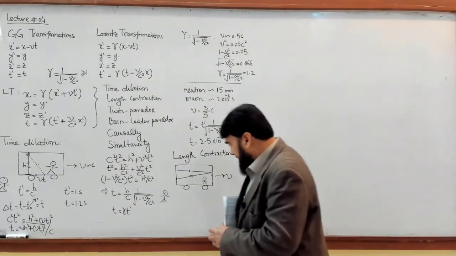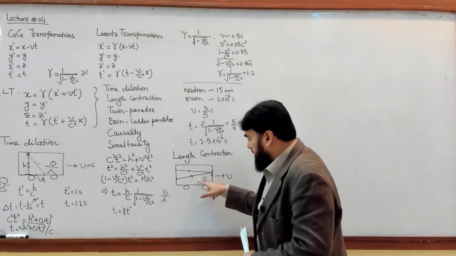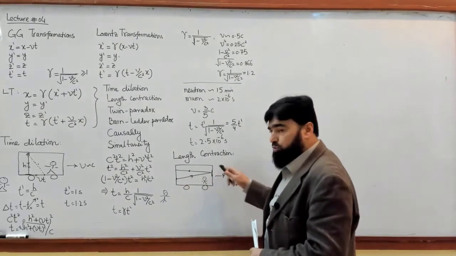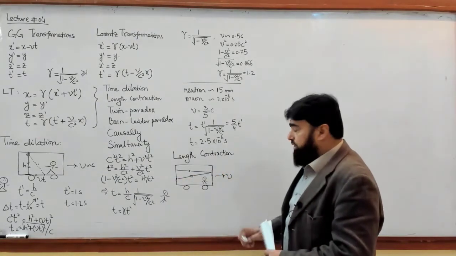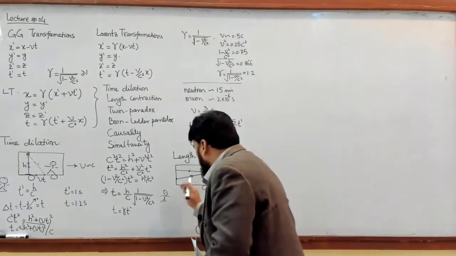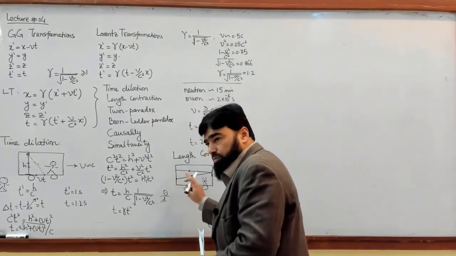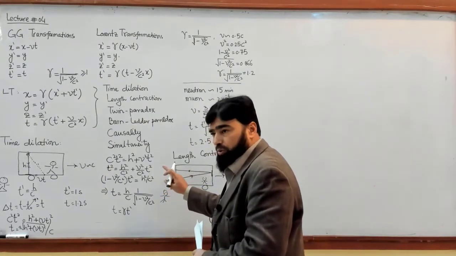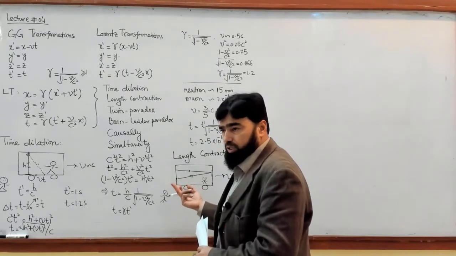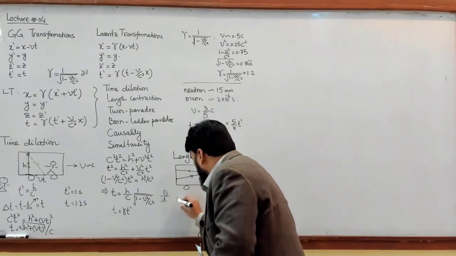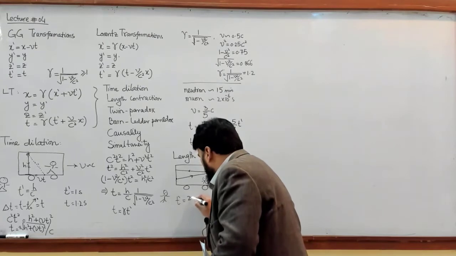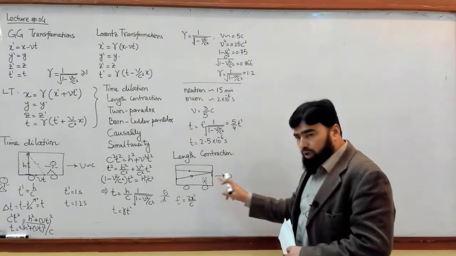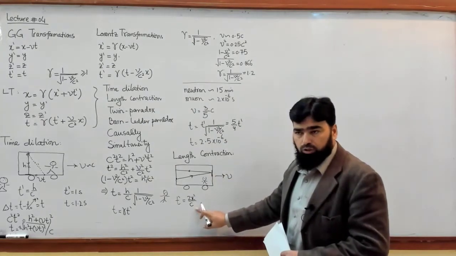If we ask this observer how much time it takes for the light to travel this way and back, it is very easy for him to say that this distance is x prime, and as it is a round trip, it will be 2 times this, so t prime is equal to 2 times x prime over c. If we consider one way, then it is just x prime over c.